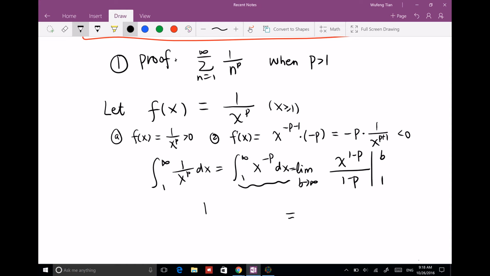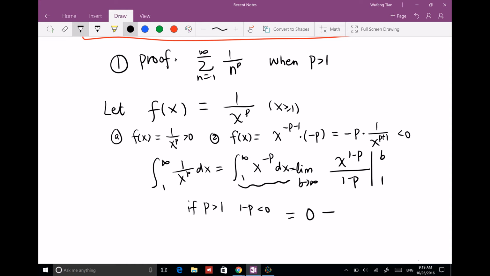If p is bigger than 1, then 1 minus p is negative. Does it make sense, everyone? So we plug infinity into here. What is infinity to a negative power? Can you tell me? 0. 0, very good.